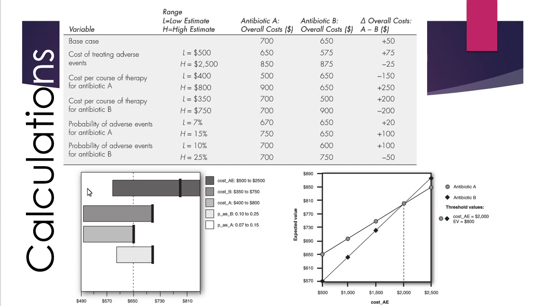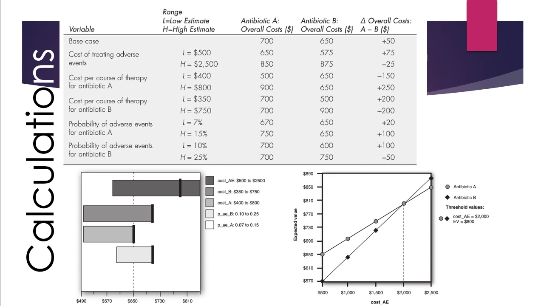So tornado diagrams are there to present a series of one-way sensitivity analyses to facilitate the graphical representation of which is the most important variable to consider, and where the decision changes from antibiotic A to antibiotic B. And this is the purpose of threshold analysis.